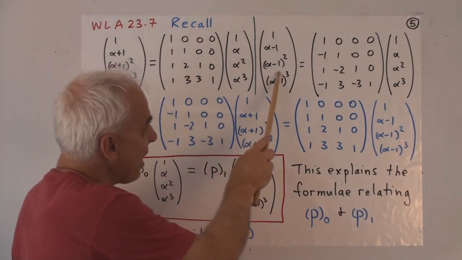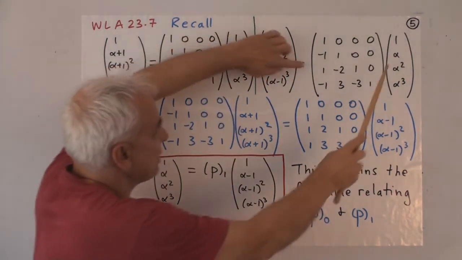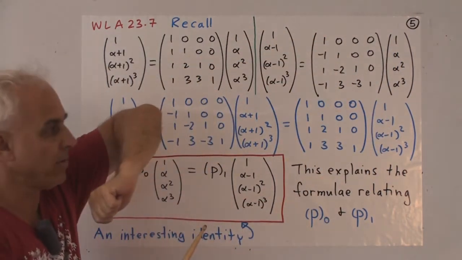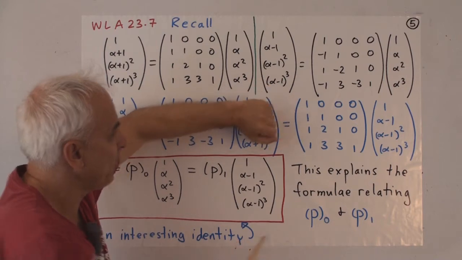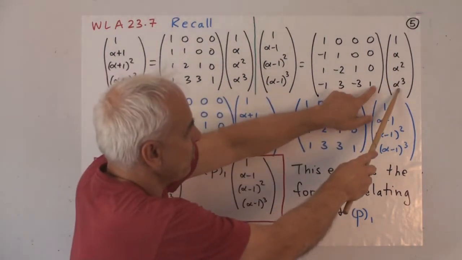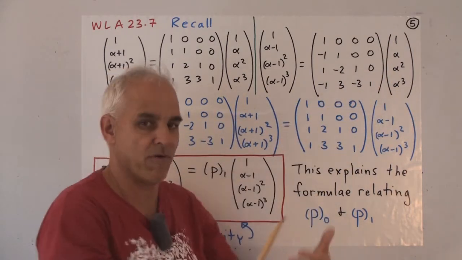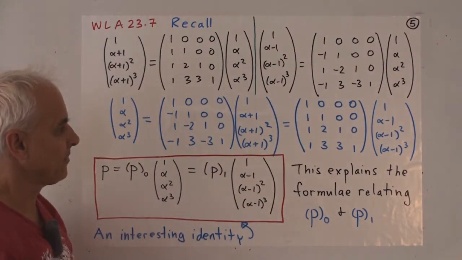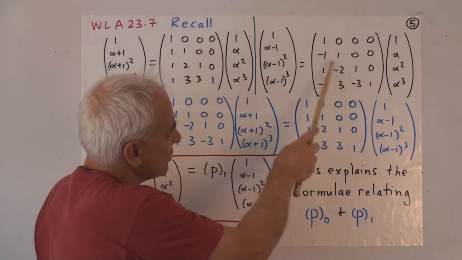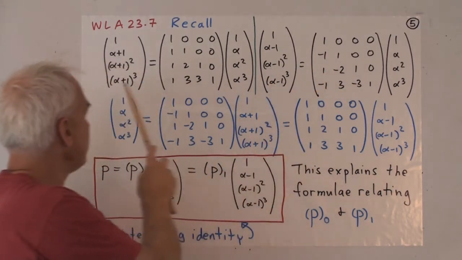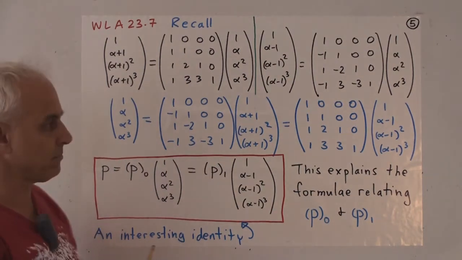So for example, alpha minus 1 squared, well, we know that that's equal to 1 minus 2 alpha plus alpha squared. While alpha minus 1 cubed will be, in a more familiar way, alpha cubed minus 3 alpha squared plus 3 alpha minus 1. So we can see why the minus signs are appearing here. It's because we're using the binomial theorem with an alpha minus 1 instead of an alpha plus 1.